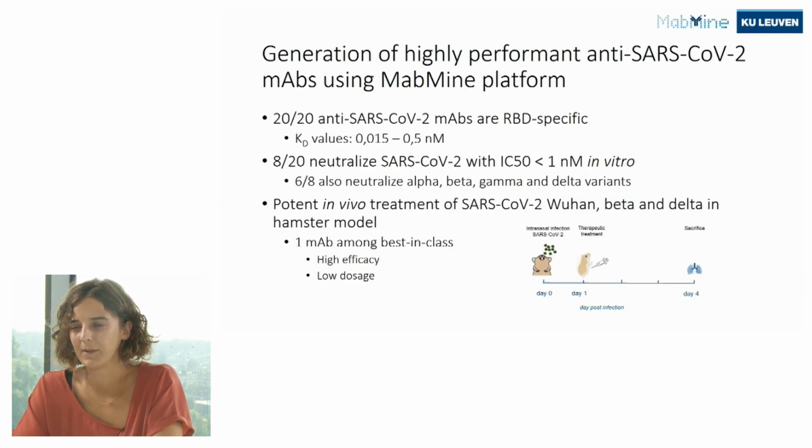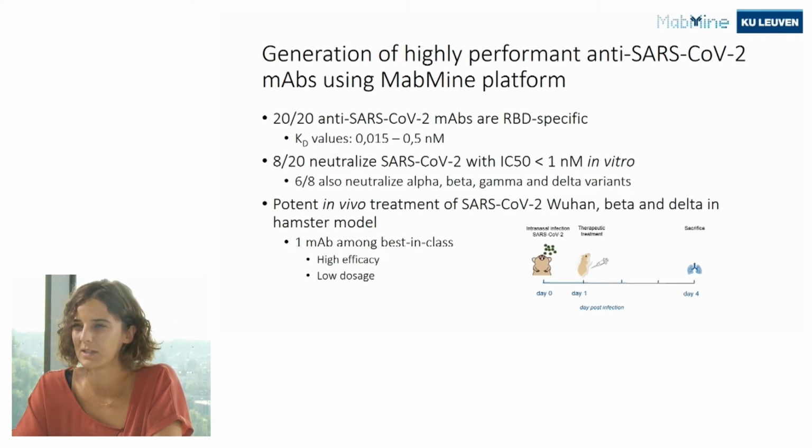And when we characterized these antibodies afterwards, we were happy to see that they all retained their antigen specificity after production, and even bound their antigen with high affinities and very low KD values of below 0.5 nanomolar. 8 of the antibodies were also able to neutralize the virus in vitro with high potency and IC50 values below 1 nanomolar, not only for the Wuhan virus, but also for the alpha, beta, gamma, and delta variants.